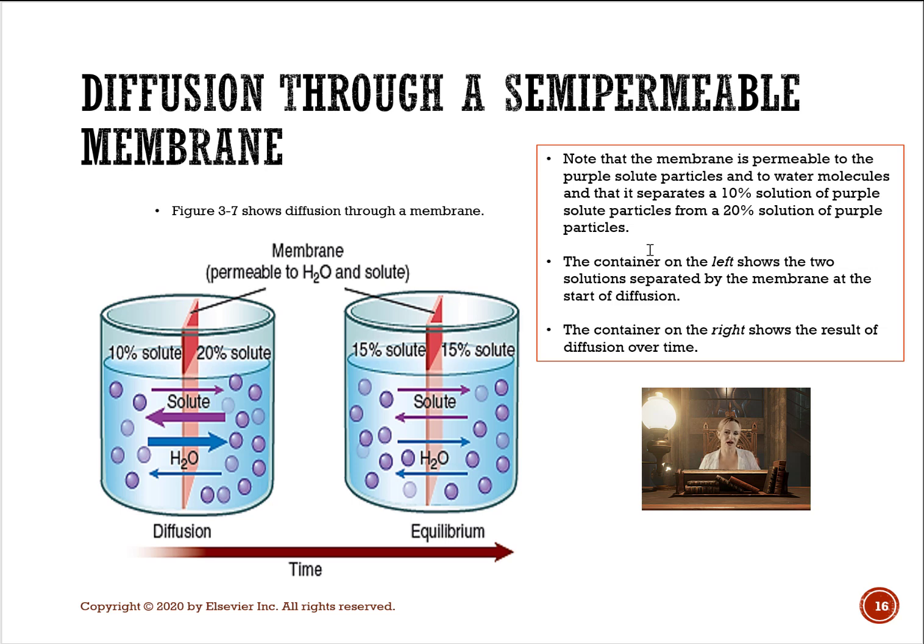Diffusion through a semi-permeable membrane. Semi-permeable means that not everything can pass through, right? It's kind of permeable, which means it's kind of opened up to let things through. So let's look at our figure here. At the bottom, you'll notice that on the left we have diffusion, and then we have equilibrium. Equilibrium is that normal scale, right?